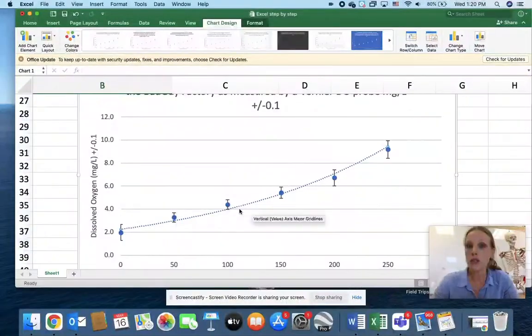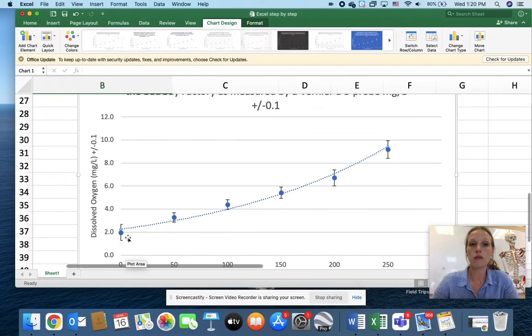As we go up, we can just discuss each error bar in relation to the next to see, is there a significant difference? And finally, I can compare my initial and my final dissolved oxygen levels, the dissolved oxygen at 0 meters and the dissolved oxygen at 250 meters. And I can see there is a significant difference between those two groups.